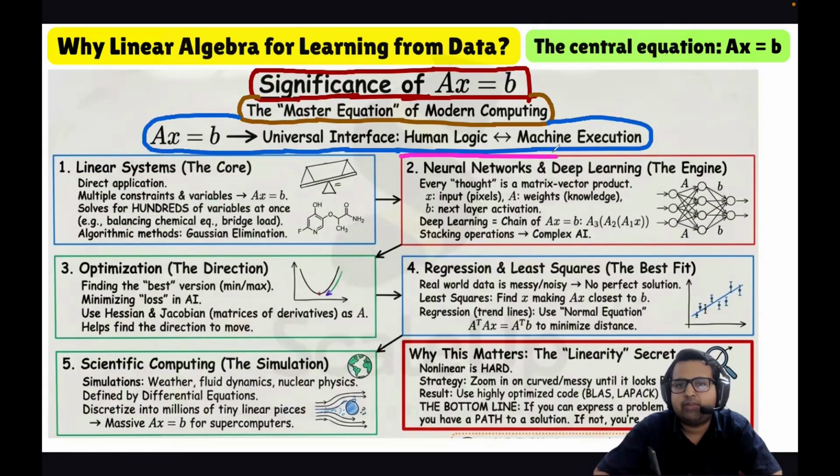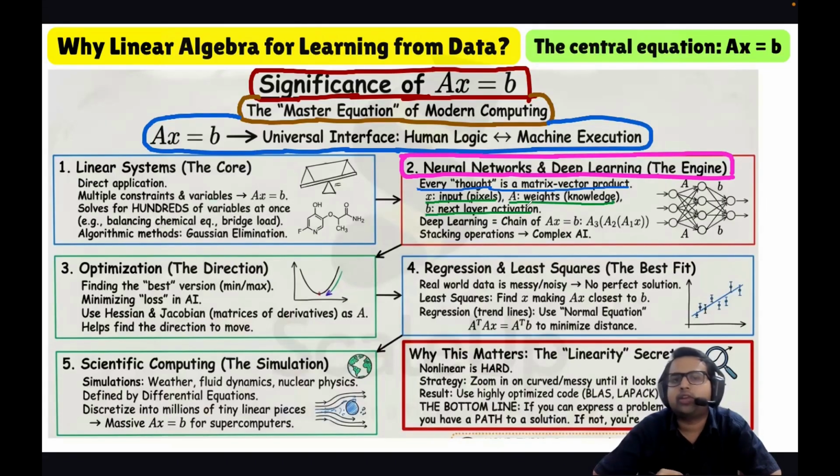In neural networks and deep learning, this master equation Ax = b acts like the core engine. In a neural network, every thought is a matrix-vector product. X is the input, like pixels for an image. A is the weight matrix, the knowledge it is learning, and b is the next layer activation.